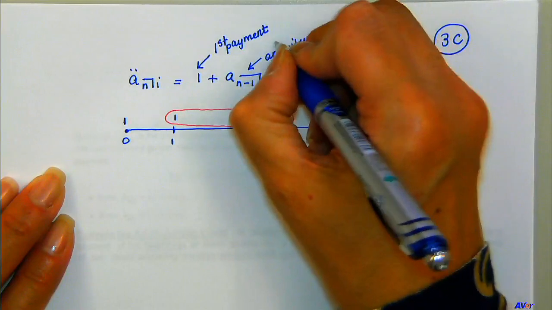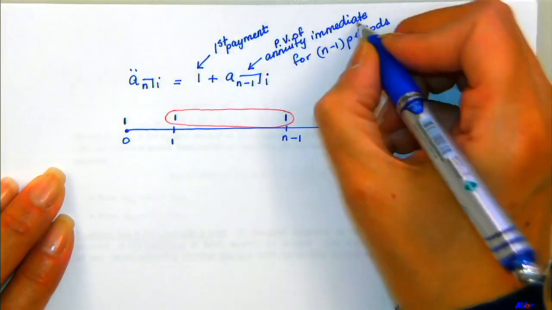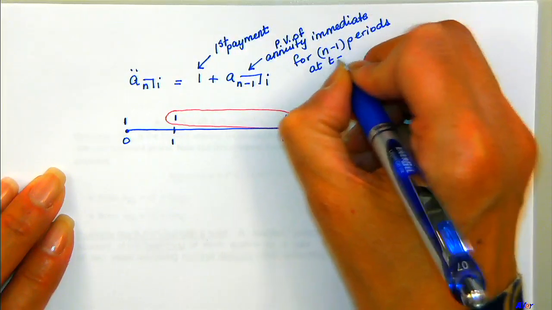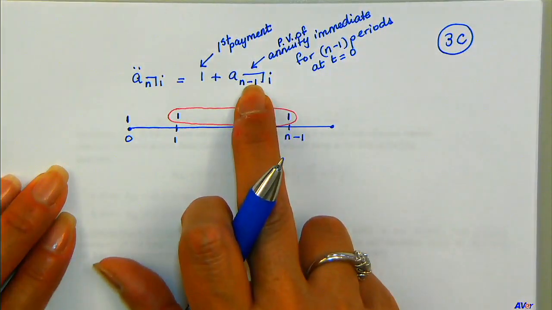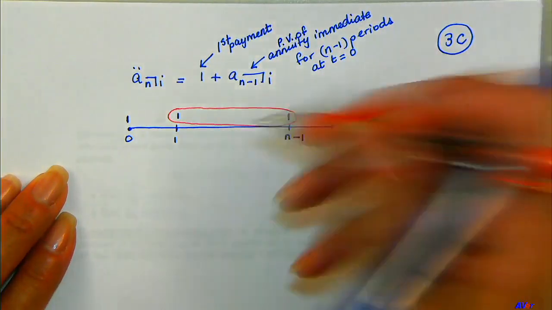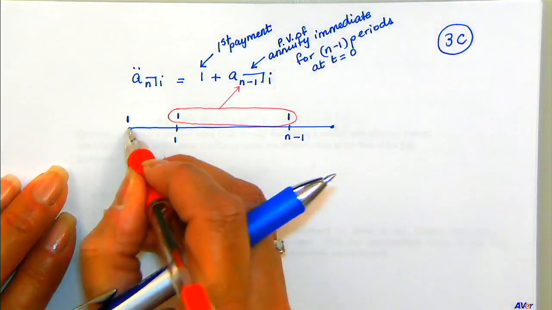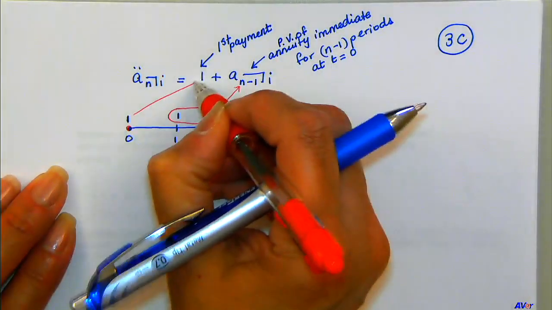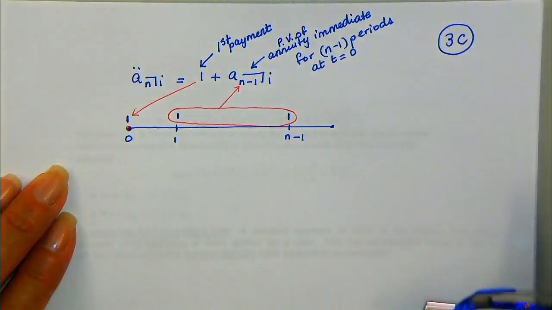So let me say here, present value of annuity immediate for n minus 1 periods at t equals 0. So I'm saying that these guys are A angle n minus 1 I. That's the present value of these payments at time 0. And then this one is just this one. You see it? Yes or no?